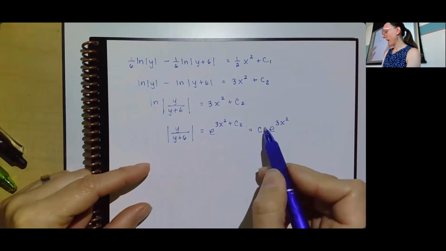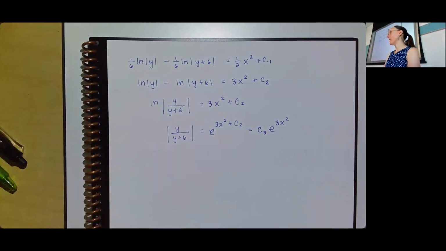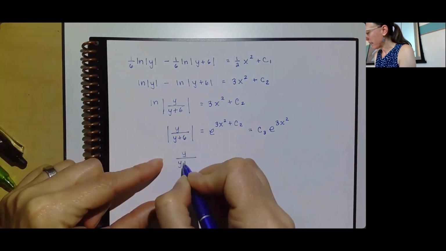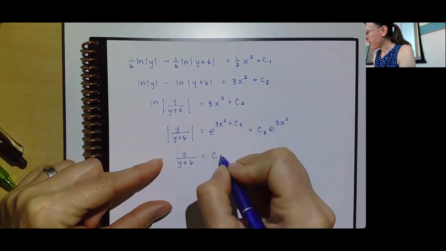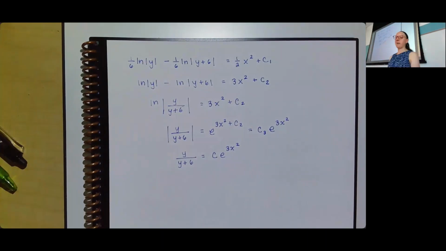And once I do that, that constant is going to take care of that absolute value. So I don't need the absolute value anymore. And I can say y over y plus 6 is equal to c e to the 3x squared. Now, it may look like we still can't solve for y. We can, we just have more algebra in our future.